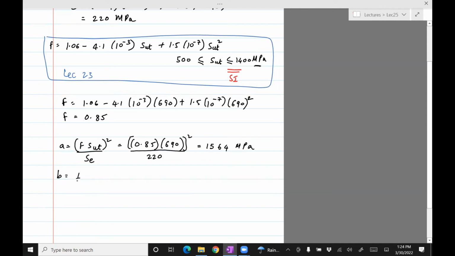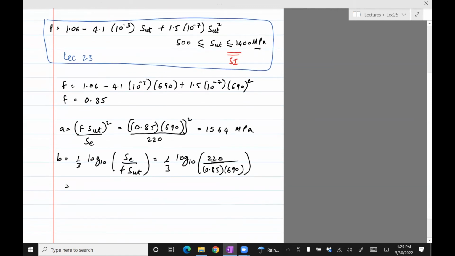And then B is minus a third log to the base 10 of SE divided by F SUT, which is minus 1/3 log to the base 10 of 220 over 0.85 times 690. So B is minus 0.142.